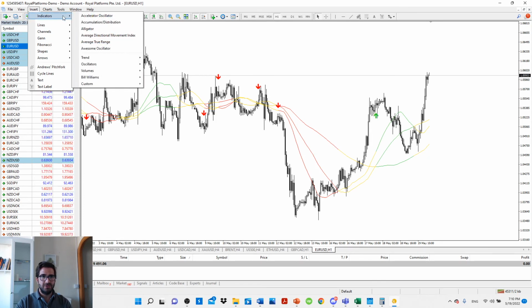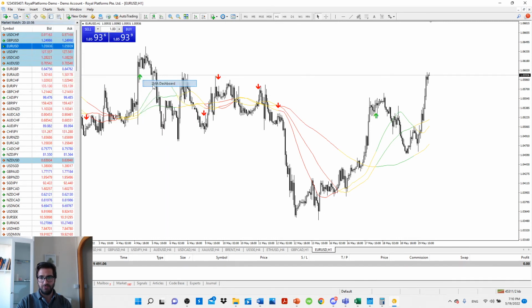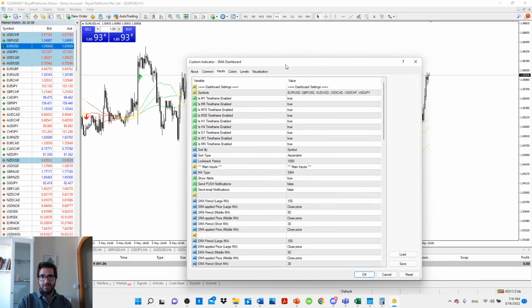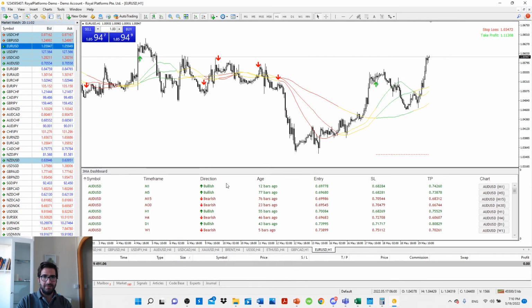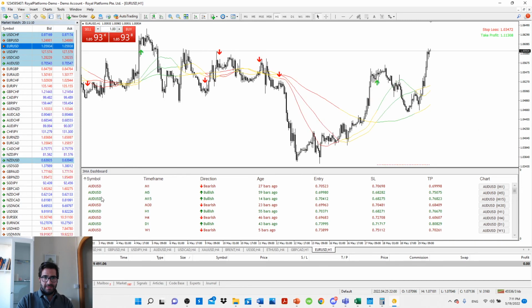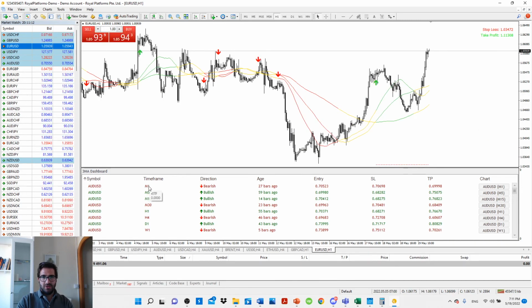So in case you bought this product, you go here, custom and 3MA dashboard. You will put OK here, and then you will come up, you will see this dashboard. So as you can see here, guys, what it shows you is Australian US dollar on 1 minute time frame.